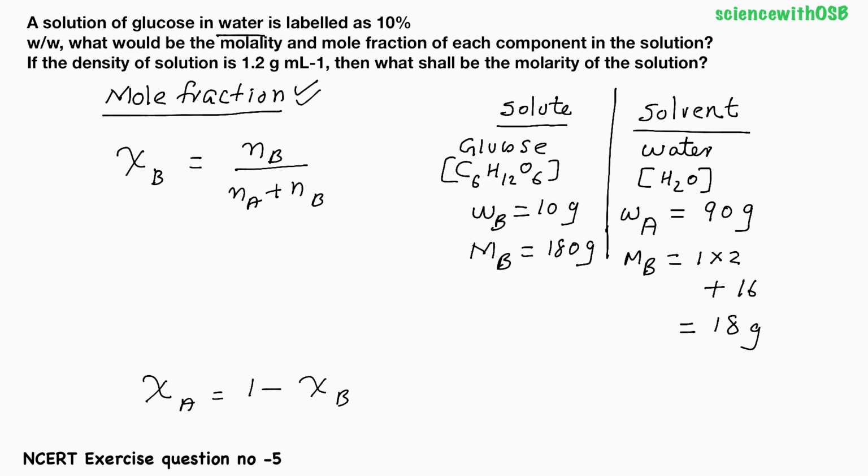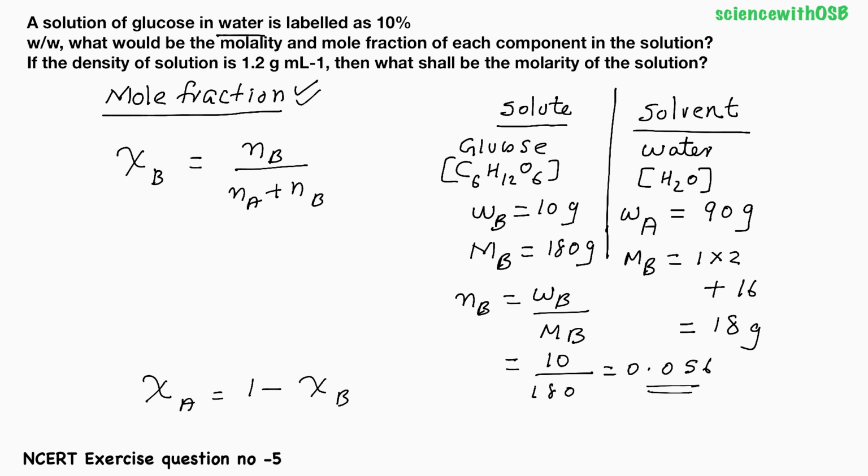Now it is very easy how to find the number of moles of glucose. Number of moles of glucose is equal to mass of glucose by molar mass of glucose. Mass is 10, molar mass is 180, so 10 by 180.